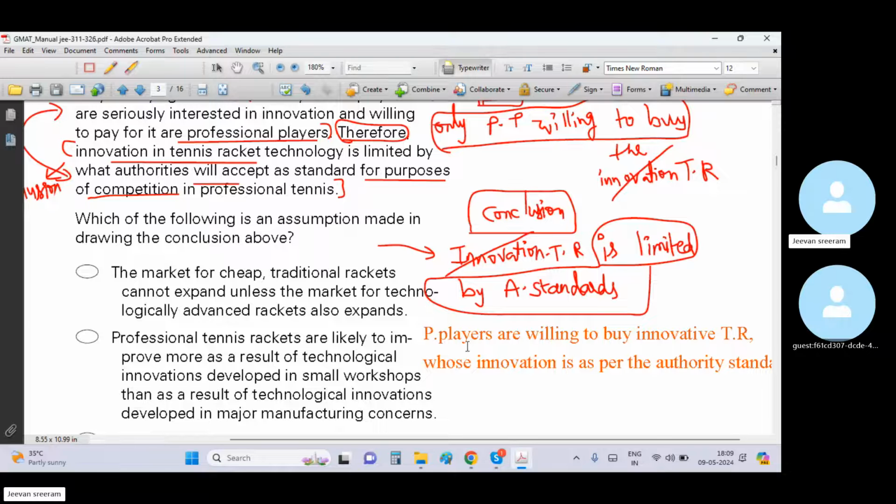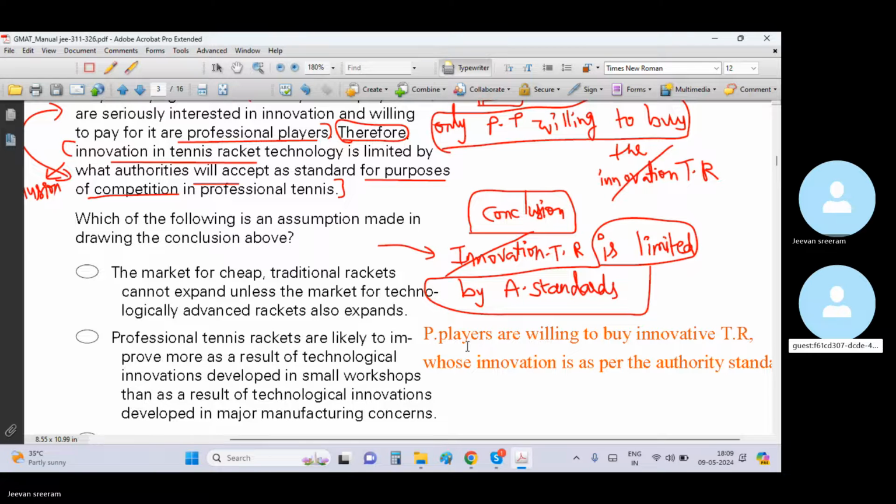No, no. If he creates an innovative tennis racket, the professional player asks and checks whether it is as per the authority standards or not. They may or may not purchase it. So the manufacturer would design such innovative tennis rackets under these restrictions.